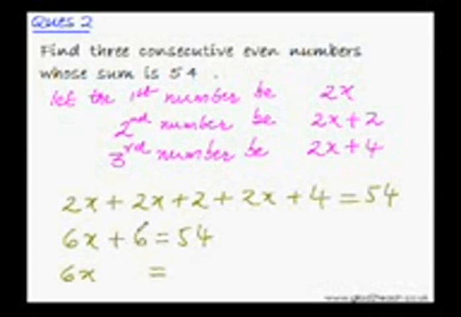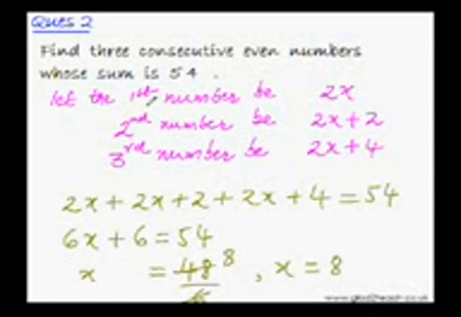When this plus 6 comes to this side, it will become minus 6. So 54 minus 6 will be 48. Also take this 6 to the other side. So we would get 48 divided by 6. And since 6 times 8 is 48, x is equal to 8.